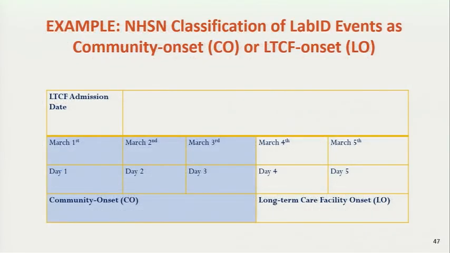Here's an example here. So March 1st. If your resident was admitted to your facility, a current admission of March 1st, then any specimen collected on March 1st, March 2nd, or March 3rd is categorized as community onset. Anything collected March 4th or later is categorized as long-term care facility onset.